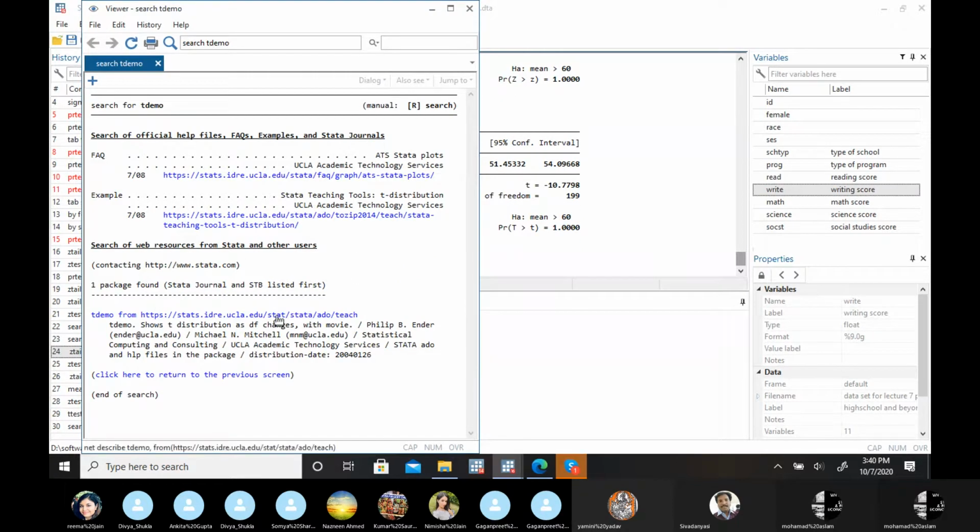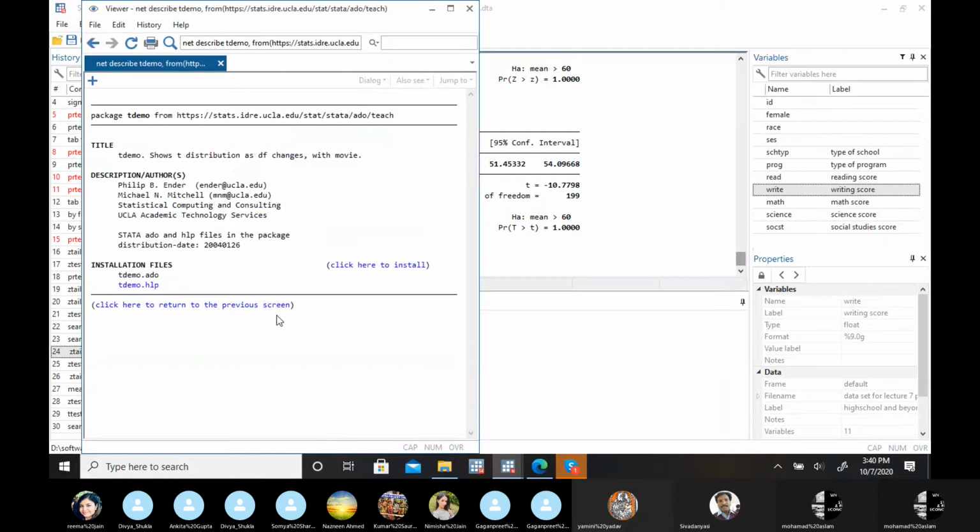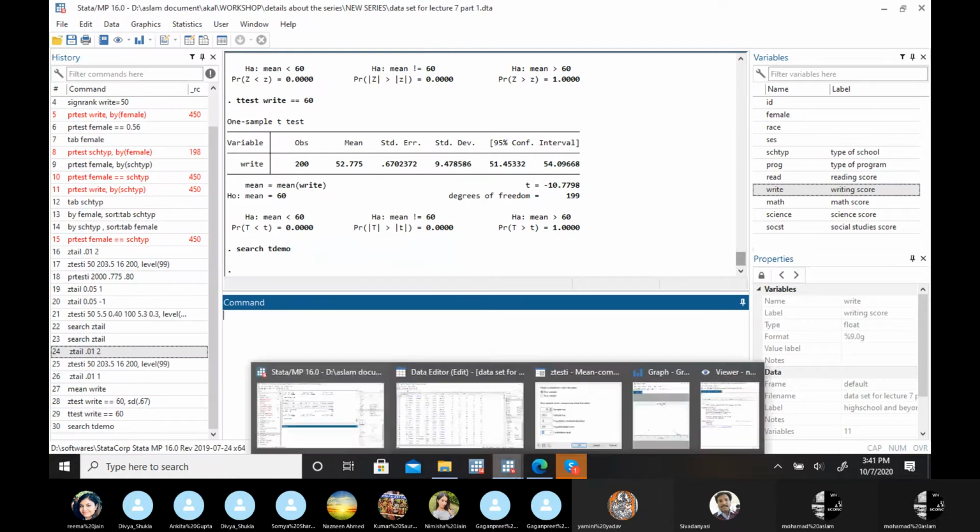Click on it and install it. By the time it installs, I'll show you how to find critical values for the t distribution. Just press install, then close or minimize it. I'm closing it because I already installed it.